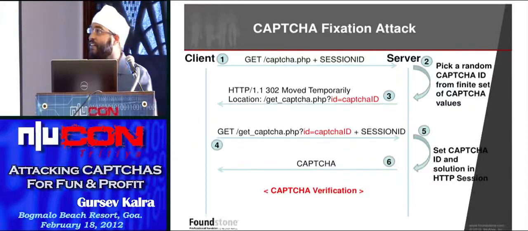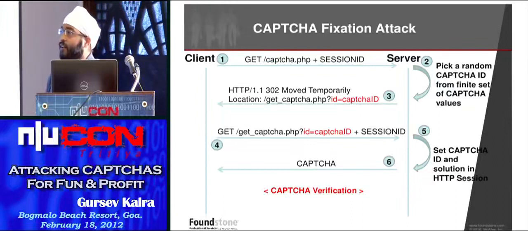So, how random is your CAPTCHA ID? Is it sequential or random? In this scenario, it really does not matter. I just need to know one CAPTCHA ID. Sometimes I have to extract another CAPTCHA ID.